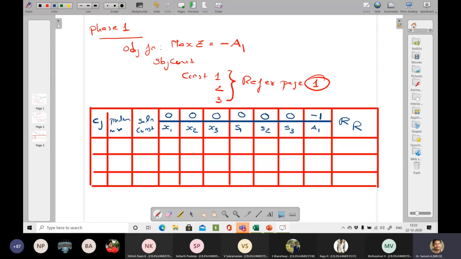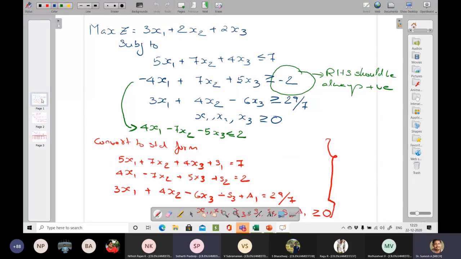So what will be the variables under product mix which will enter the solution space initially? S1, S2, A1.